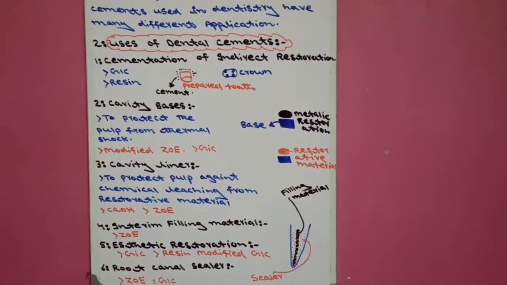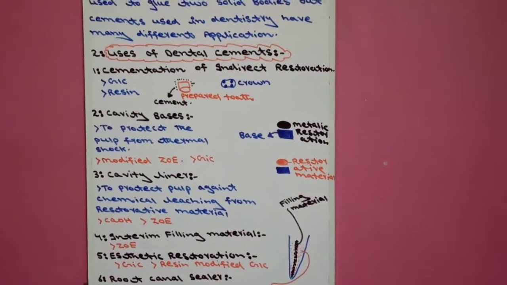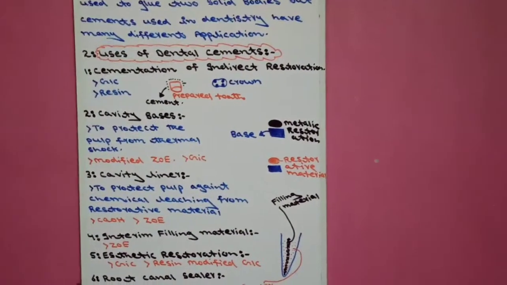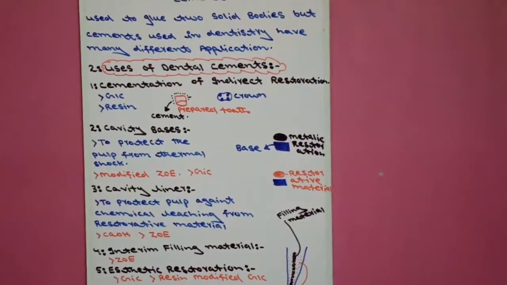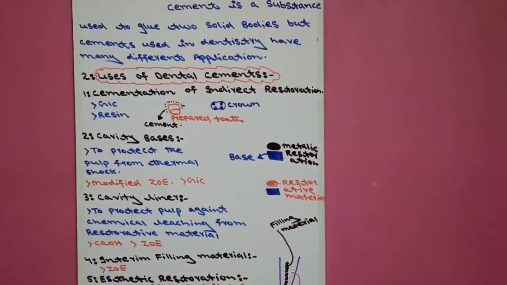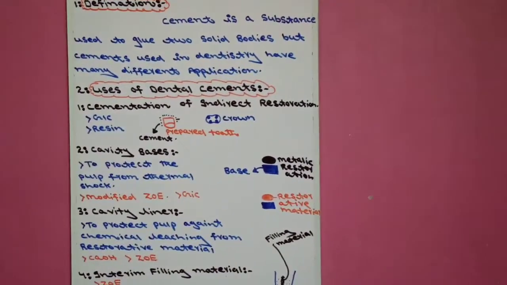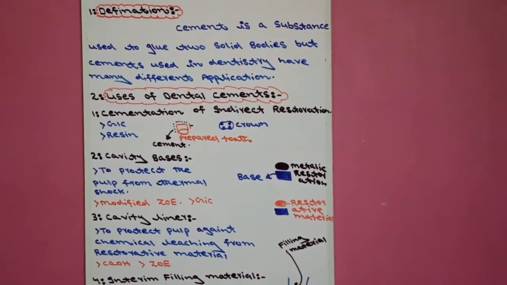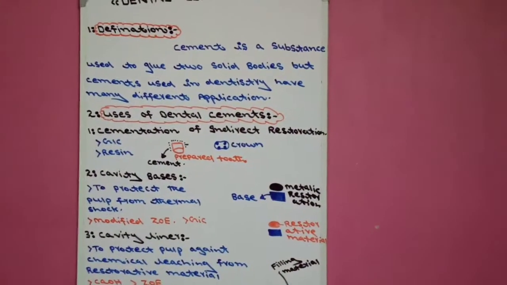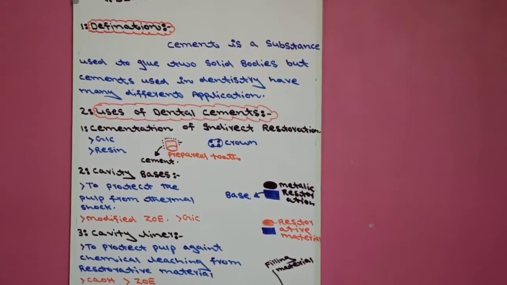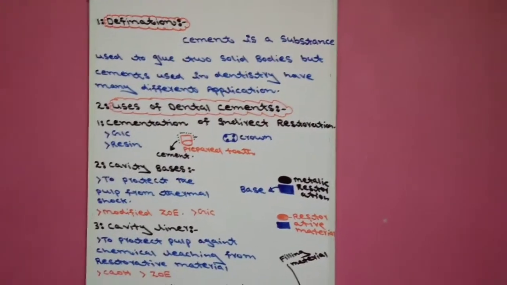When we take tea or another hot object, the heat passes through the metal and reaches the pulp, the vital structure of the tooth, which has blood vessels and nerves. When this heat reaches the pulp, we feel pain.